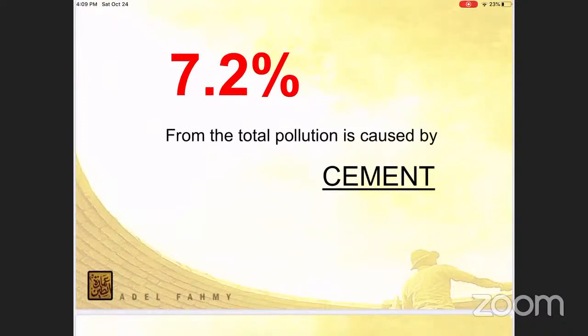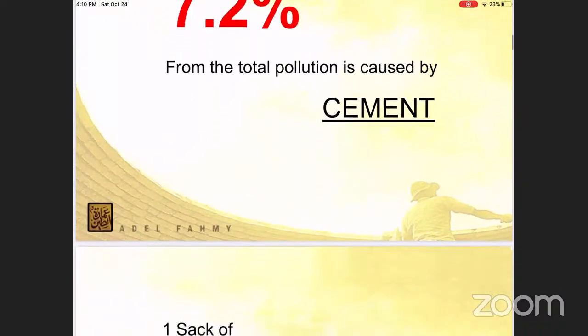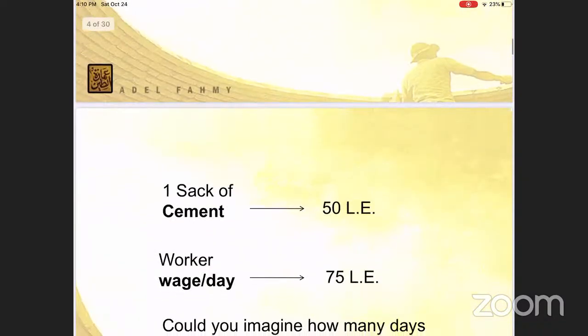7.2% of the total pollution in Egypt or in the most developed countries is caused by using our friend cement as a building material. Cement is not so good for us. It's so expensive.